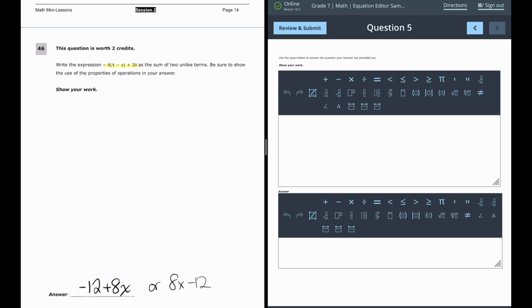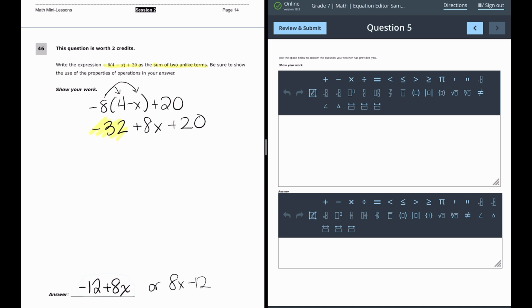So let's jump into it. Write the expression negative 8 times 4 minus x plus 20 as the sum of 2 unlike terms. So they're just asking us to simplify this to 2 terms. That's all they're saying. So I'm going to start by distributing first. Negative 8 times 4 is negative 32. Negative 8 times negative x is positive 8x, plus 20.